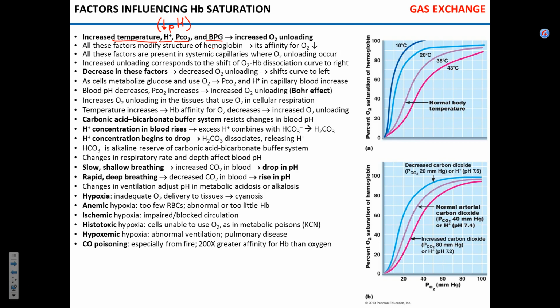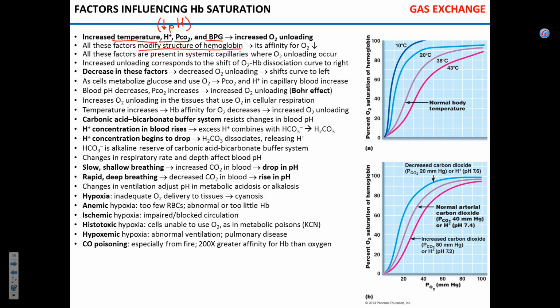Now, what I want to go over is how they do it, and why these factors increase oxygen unloading. What is the physiological reason behind it? So, the general mechanism: all of these factors, whether it's elevated CO2 or elevated acidity, change the hemoglobin structure.